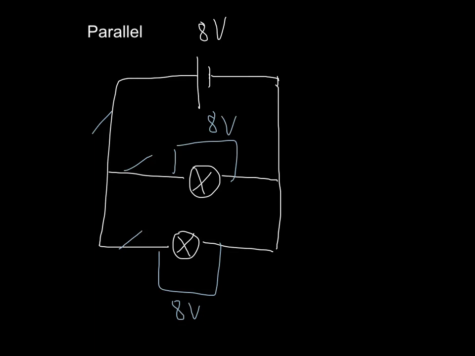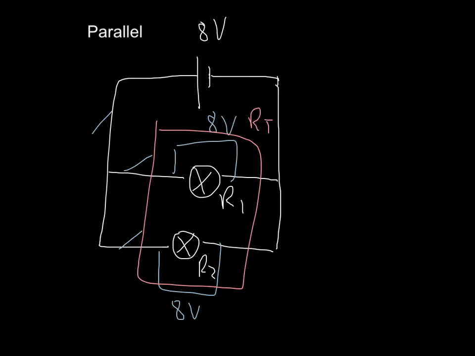Now, just like we did in series, we would also like to know the total resistance that these two light bulbs or resistors or whatever it is that I put here have together. So again, I'm going to call this one R1 and this one R2, and I want to know the total resistance, which I'm going to call RT.